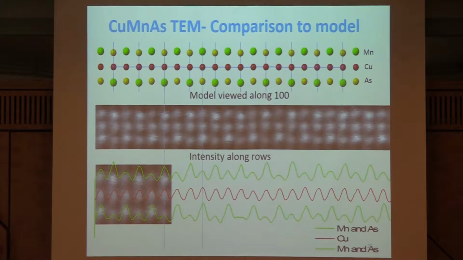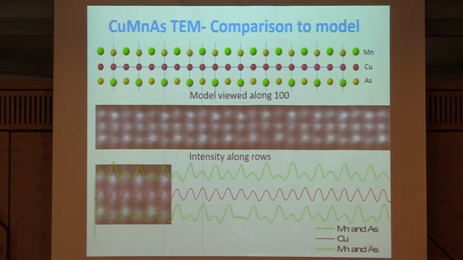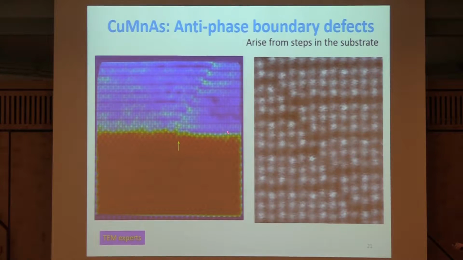So this is now modelling the structure: what you expect in intensity distribution has been calculated and compared to what you see. And you see it's really rather good. Here, however, is a bit of a problem because there it looks great, here not so great. There's clearly a defect in here.